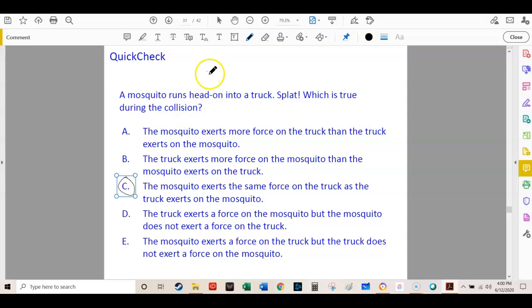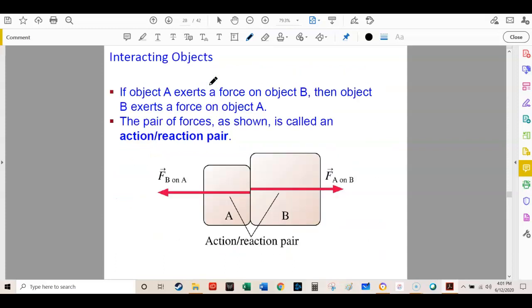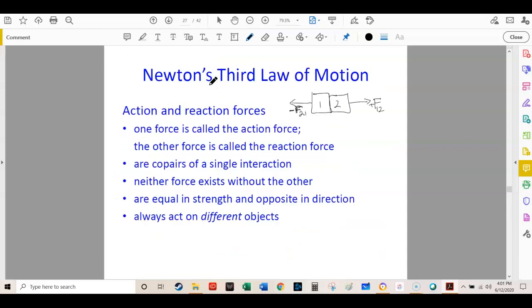When the little mosquito, we'll draw a little fuzzy thing with little wings, is hitting the truck, okay? And I know this doesn't look like a real truck. Don't judge me about my horrible drawings. All right? This is a lot like this problem that we did over here, right?